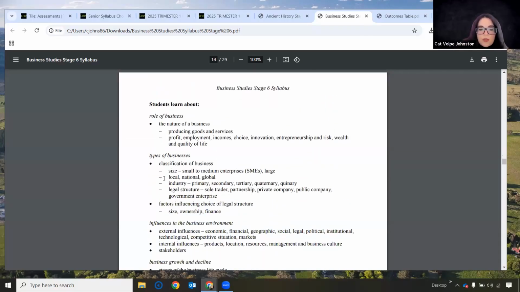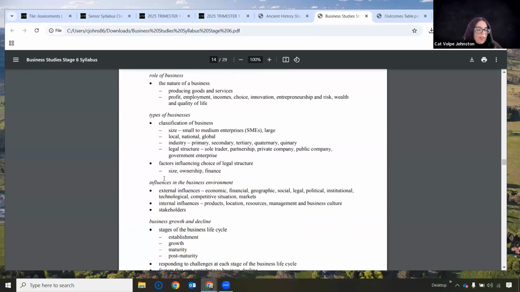In terms of 4 hours of work, as I've said with the other syllabuses, it is hard to say. It's not going to be a lot. You may decide to choose the role of business and have a learning sequence based on that.